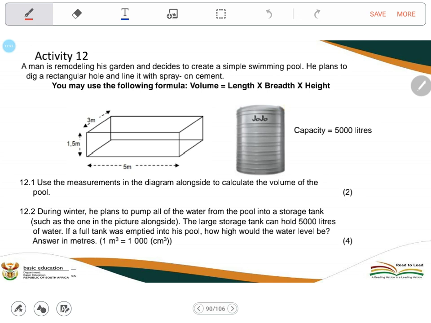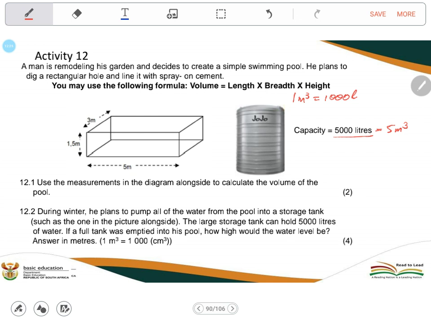Now, one of the things that we should also understand is that 1 cubic meter will be equals to 1,000 liters. So which means if we have 5,000 liters, guess what? It makes 5 cubic meters. Now, let's go into the calculation. 12.1.